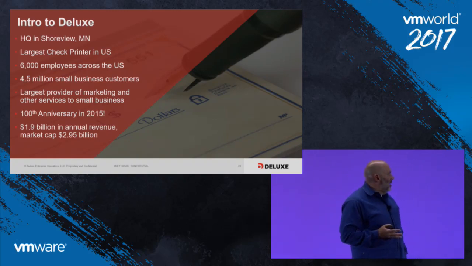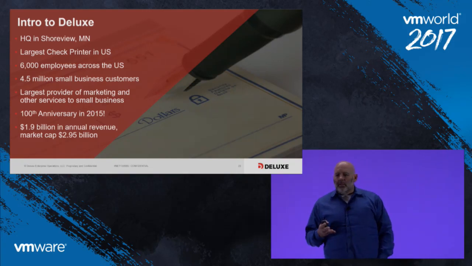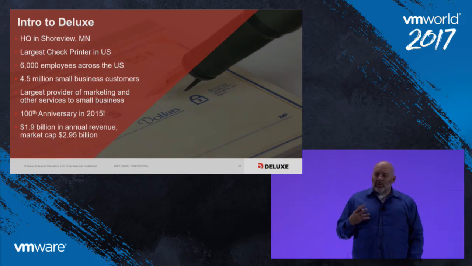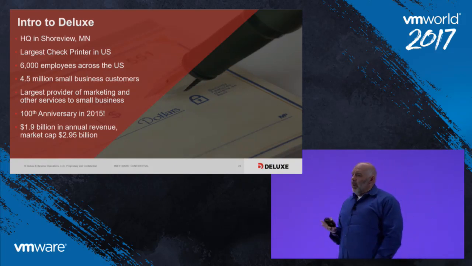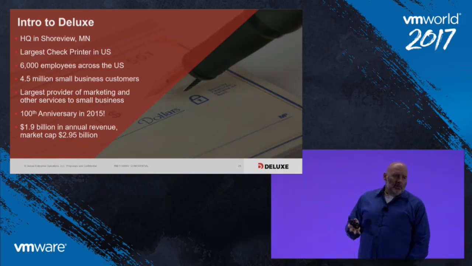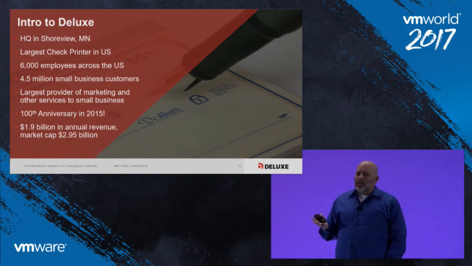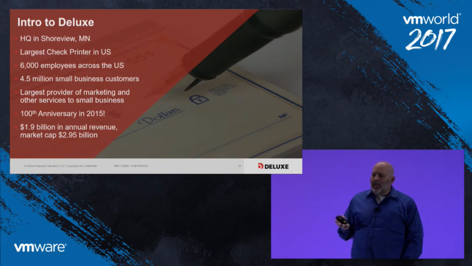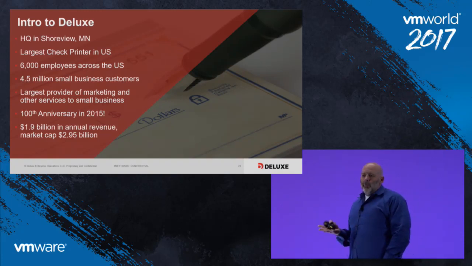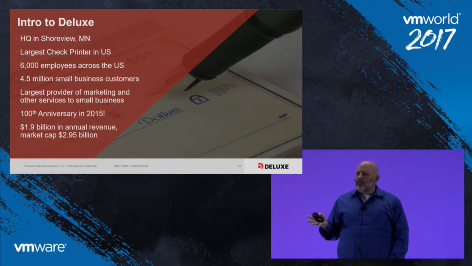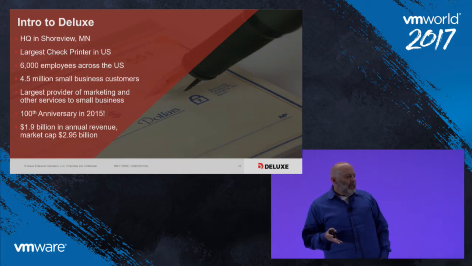One of the things Deluxe has been pivoting into is a marketing and other services company for small businesses and financial institutions. We have 4.5 million small business customers. So everything from needing a logo for your company to website hosting and email, and I call it cradle to grave services.